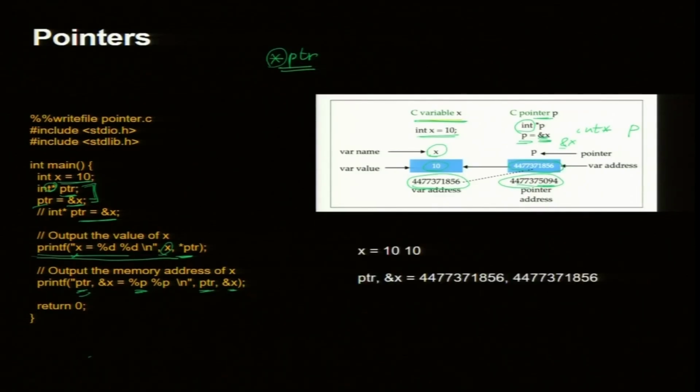If I execute this, for this print I get 10, and this line will print a pointer value, which is the address of x, and ampersand x will print the same. C offers this for every variable, not only for integer, but for float and character too; they are stored somewhere and you can do it.